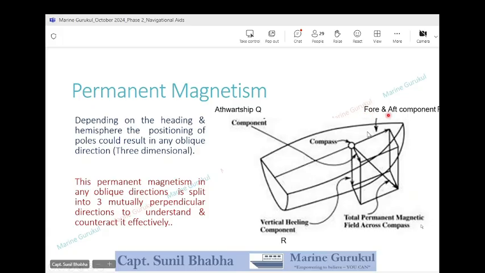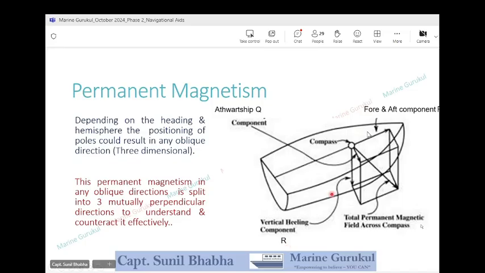This is known as the fore and aft component of the ship's permanent magnetism, and it is represented by the alphabet P, Papa. The second component is the athwartship component of the ship's permanent magnetism, represented by Q, Quebec. And the third component is the vertical component, also called the heeling component, represented by the alphabet R, Romeo.